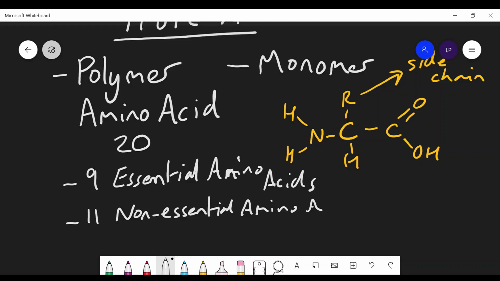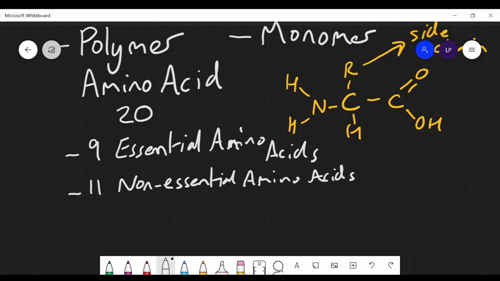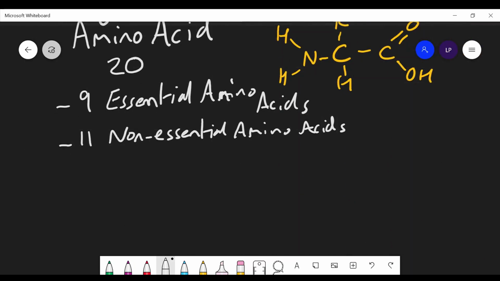So we can make these 11 amino acids via processes in the body, but all 20 are required. So just because it's called non-essential does not mean we need these less than the other 9. We need them all equally, and we get our non-essential and our essential from our diet primarily, but we can make the 11 non-essential as well.